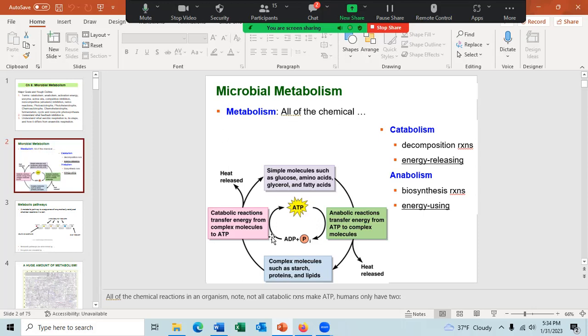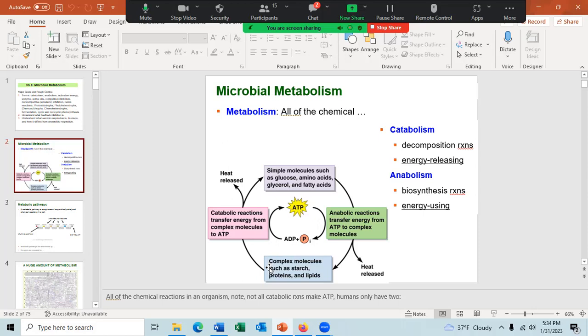Okay, it's actually only the breaking down of glucose, or breaking down of starch into glucose and then breaking down the glucose that makes ATP, or the fermentation. All other catabolic reactions do not make ATP.